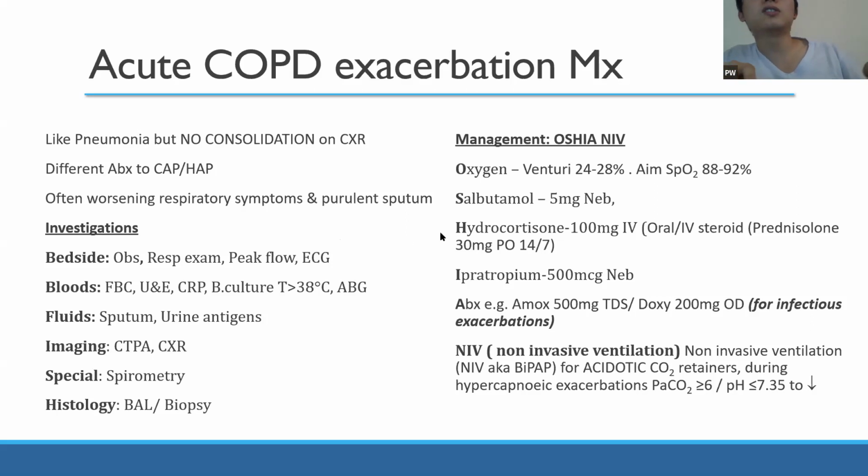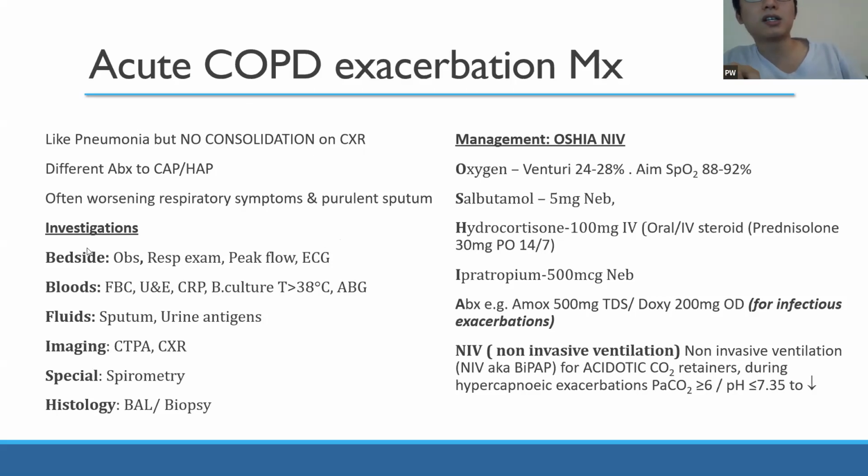So what you're going to do when someone with acute COPD exacerbation turns up: you do your ABCDE, of course, you give them the oxygen that they need, you put them on some immediate nebulizer. Now you've got to think about what investigations you want to do.